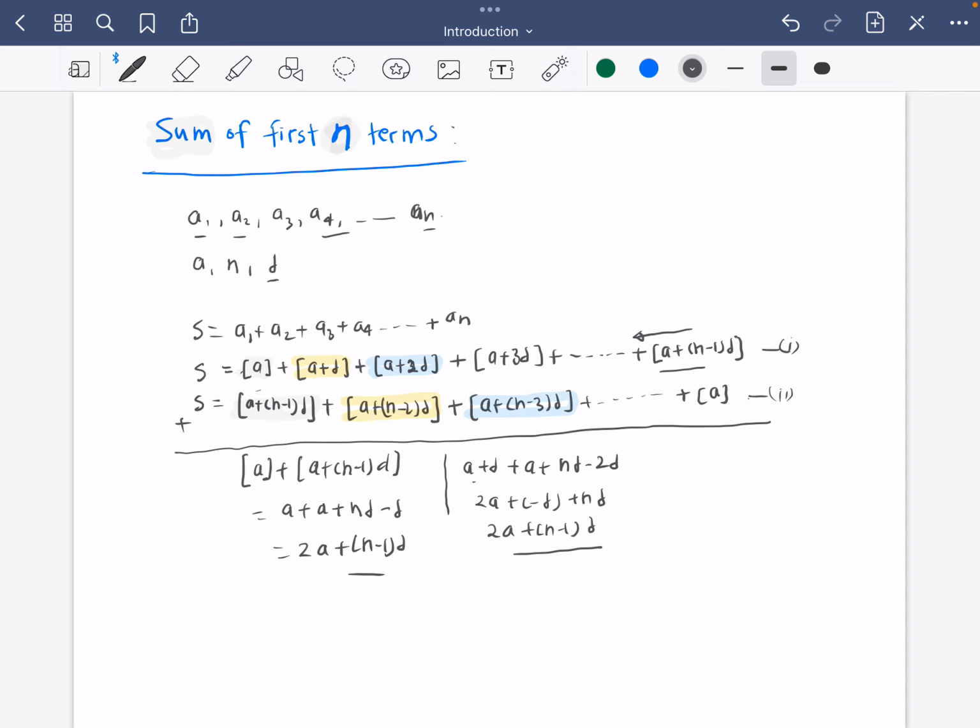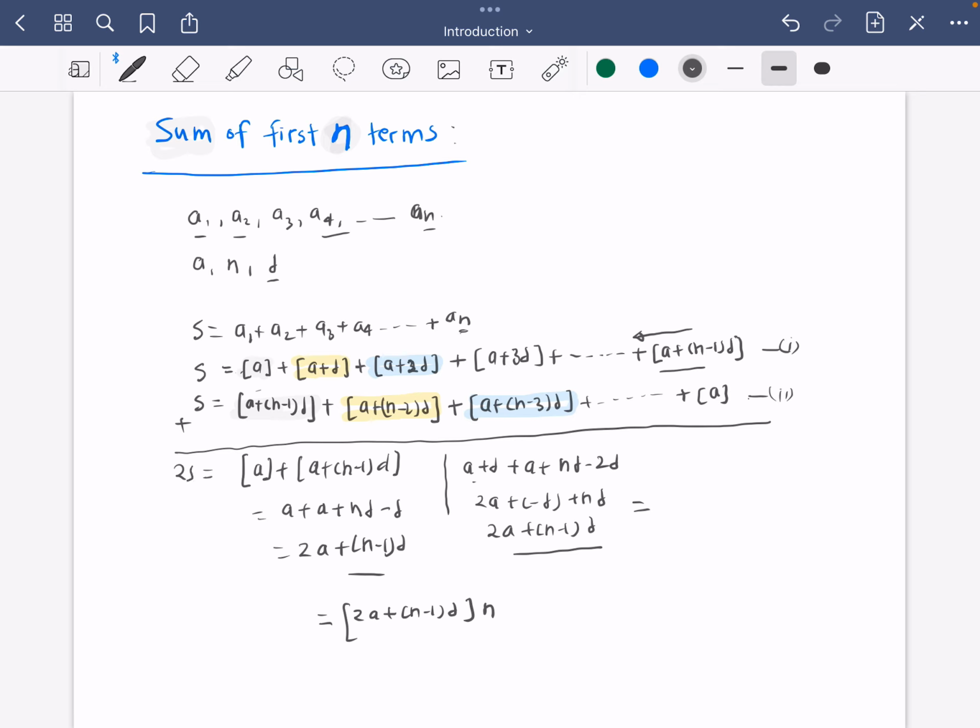Now you can keep doing this, but how many times will you do this? There are n terms, the last term is an. That means you will get this n times. So it is going to be 2a plus n minus 1 times d, times n. And since you added both the equations, the left side is going to be 2s.